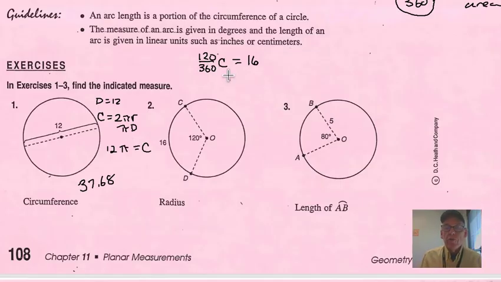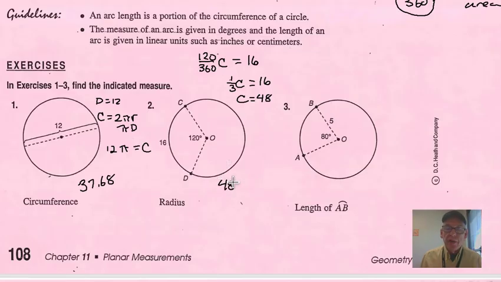Now 120 over 360 is the same thing as 1/3. So 1/3 of the circumference is 16. If I multiply by 3, the circumference is 48.